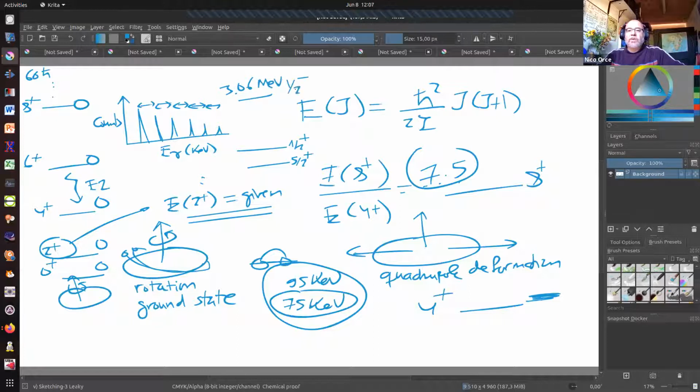Because this 1/2 minus involves the breaking of a pair and the promotion of that particle through the magic number 8. So these energies depend on the separation between these single particle orbits. But these are single particle excitations, as opposed to these ones, which are collective excitations.